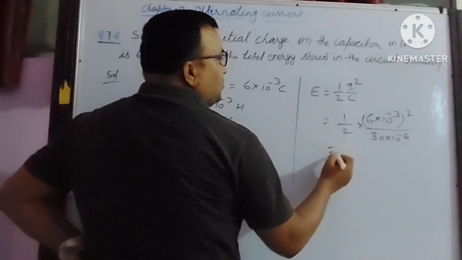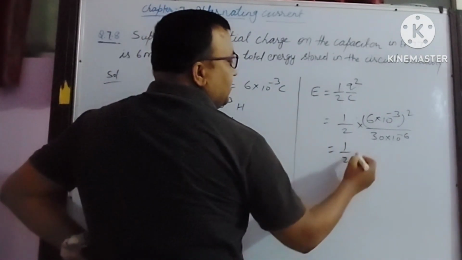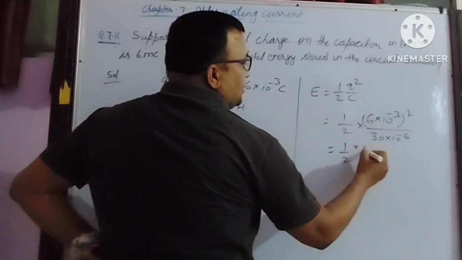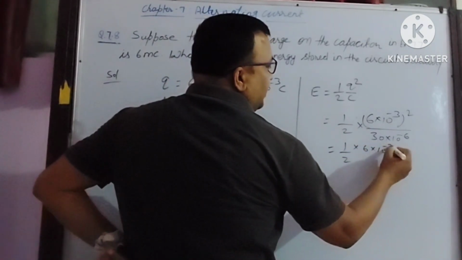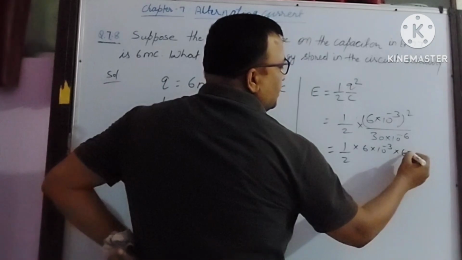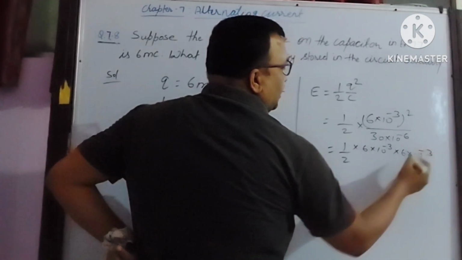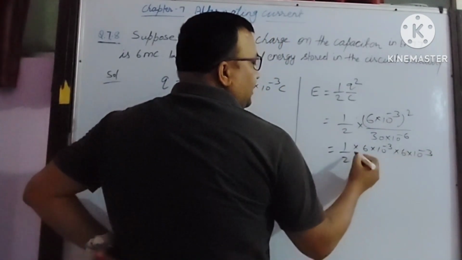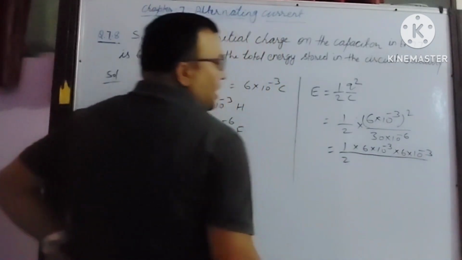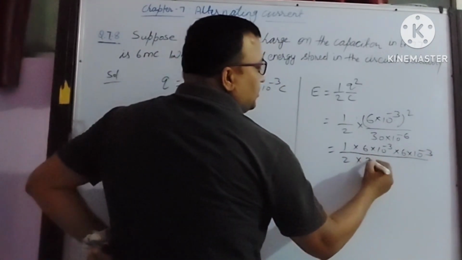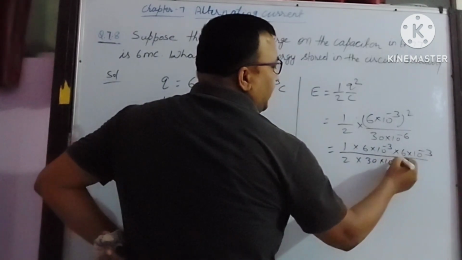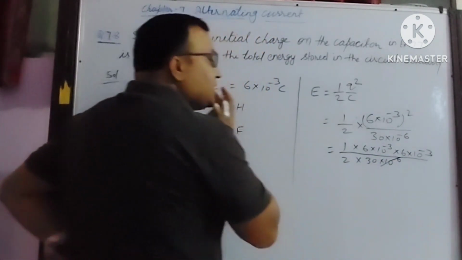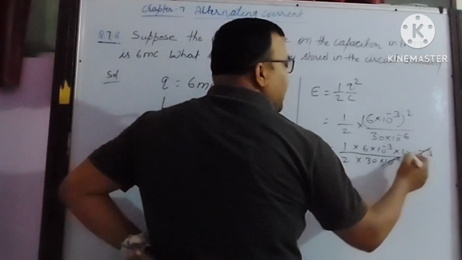Now, when we solve this, what will the result be? 6 into 10 to the power minus 3 into 6 into 10 to the power minus 3. I just opened the bracket, divided by 2 into 30 into 10 to the power minus 6. The 10 to the power minus 6 will divide into this.